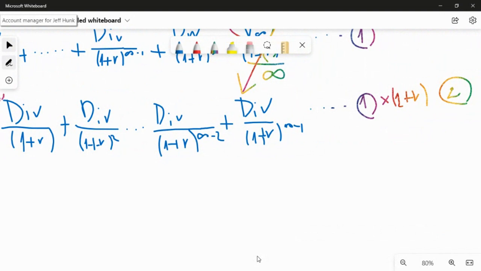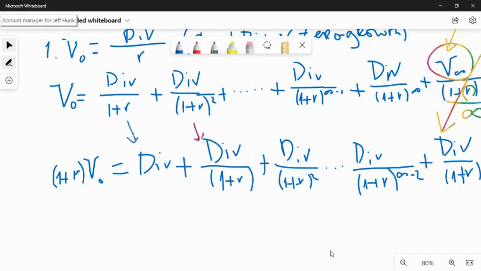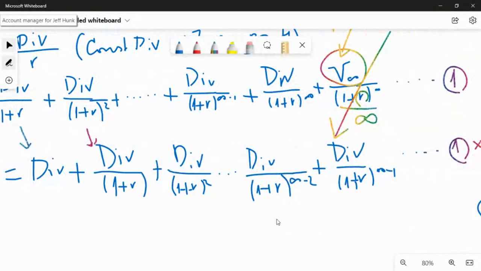Now what I want to do here is subtract 1 from 2. If I subtract 1 from 2, you got to remember, everything in equation 1 will change sign. Everything in 1 will all become negative.